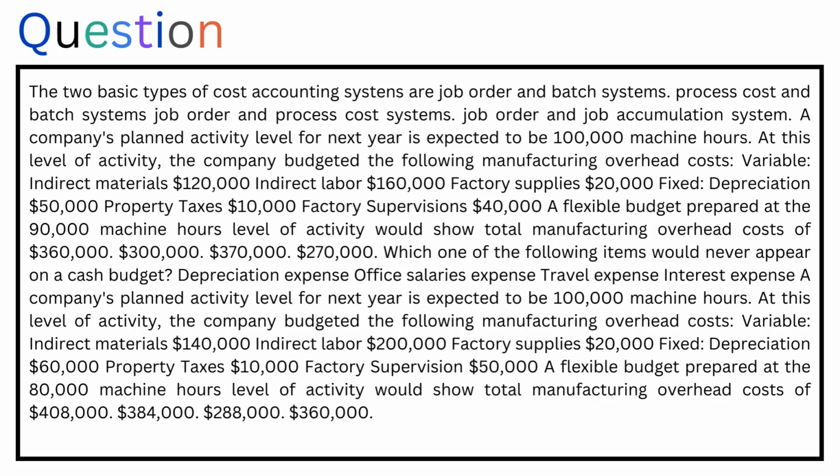A company's planned activity level for next year is expected to be 1 lakh machine hours. At this level of activity, the company budgeted the following manufacturing overhead costs: variable indirect materials $1,20,000, indirect labor $1,60,000, factory supplies $20,000, fixed depreciation $50,000, property taxes $10,000, factory supervision $40,000.